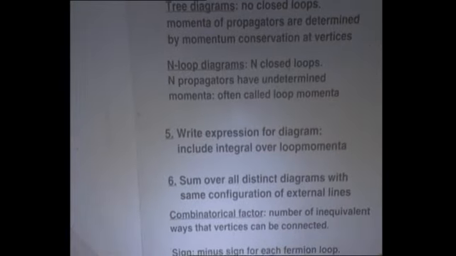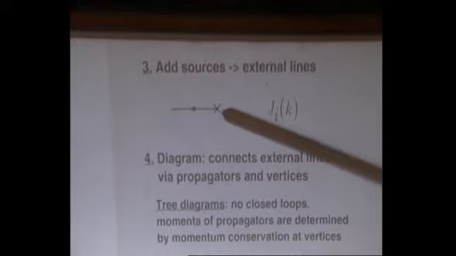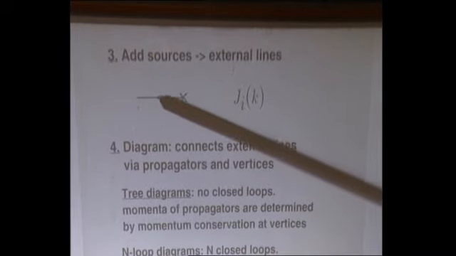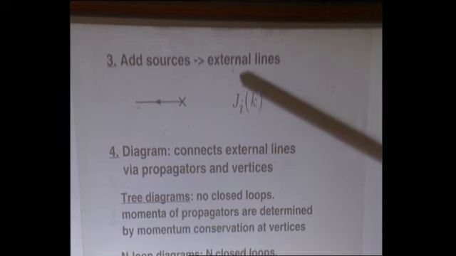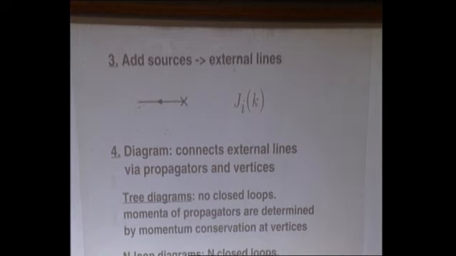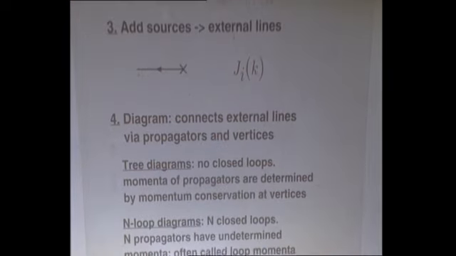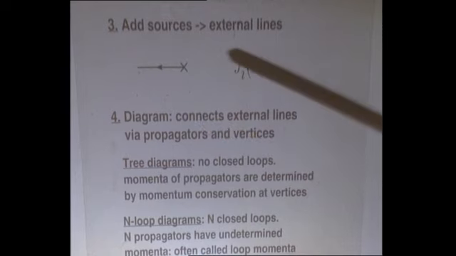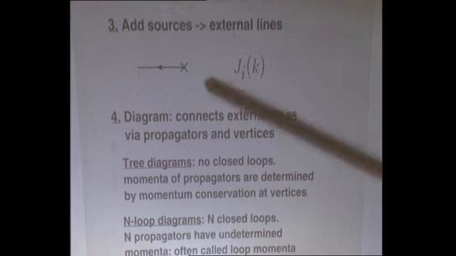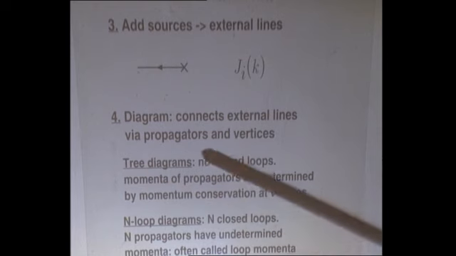And so I'll write down a source line, which in the Feynman rules plays the role of a point where a particle is being created, and I insert for that an expression which I call j_i of k. And then the rules are like this. We make diagrams. All diagrams should be allowed that connect external lines. So these are the external lines that are connected to those sources via propagators and vertices.